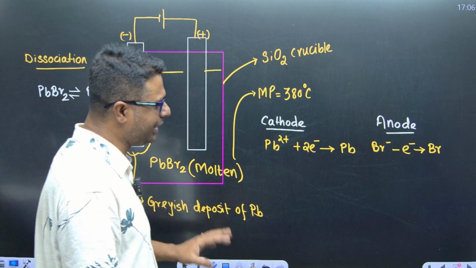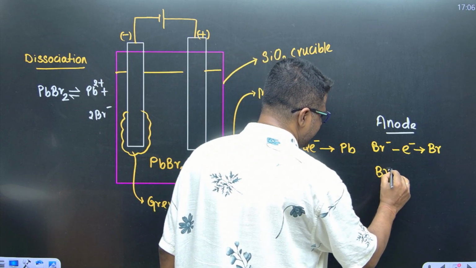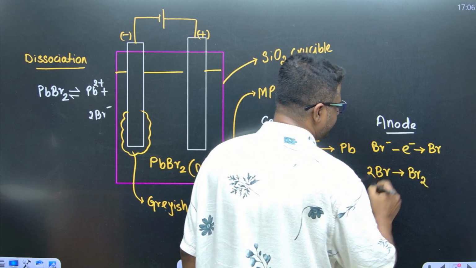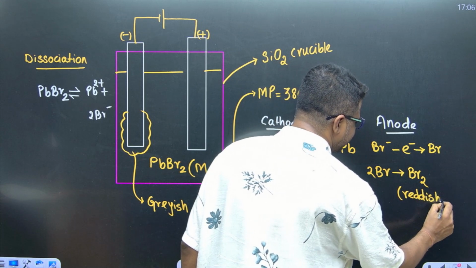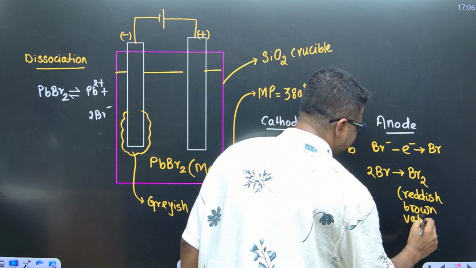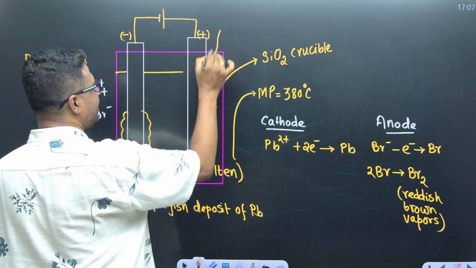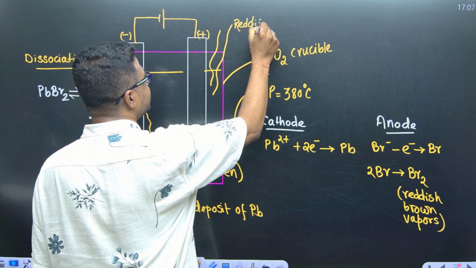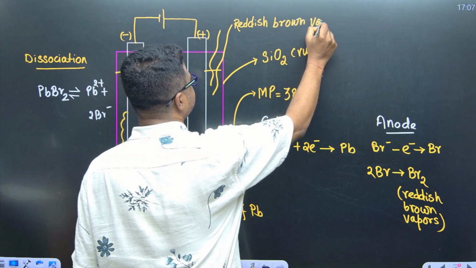So already we know that one bromine is not stable. So 2 Br is going to combine to form Br2, which is nothing but reddish brown vapors. At this temperature, definitely bromine is going to evolve as reddish brown vapors. So here the observation is reddish brown vapors.